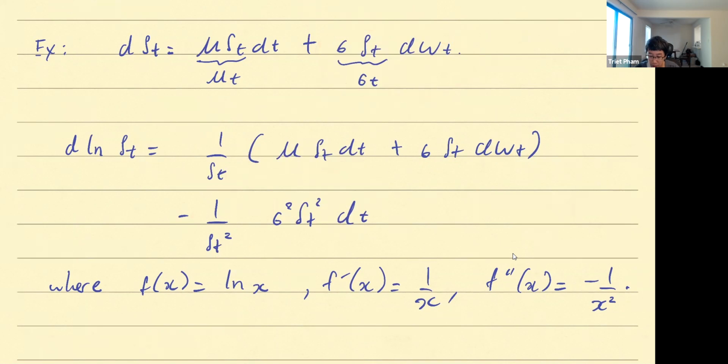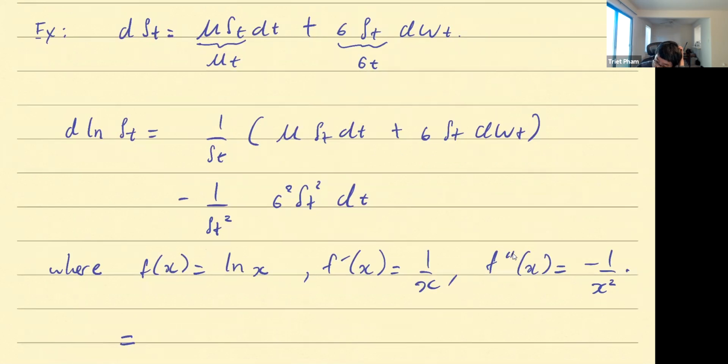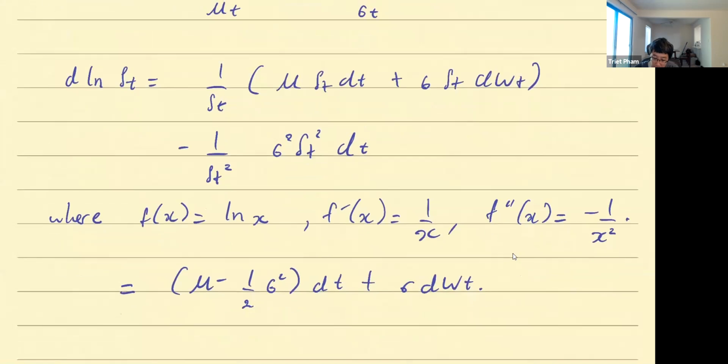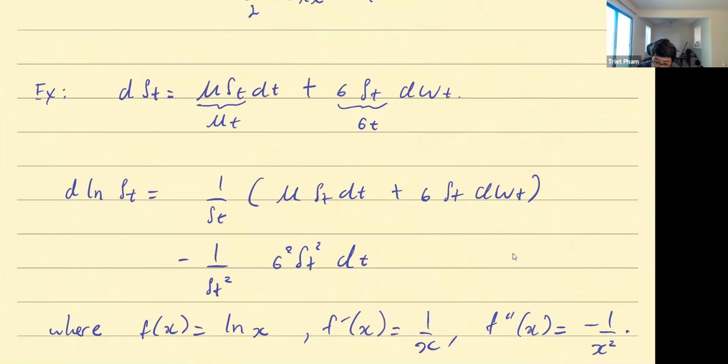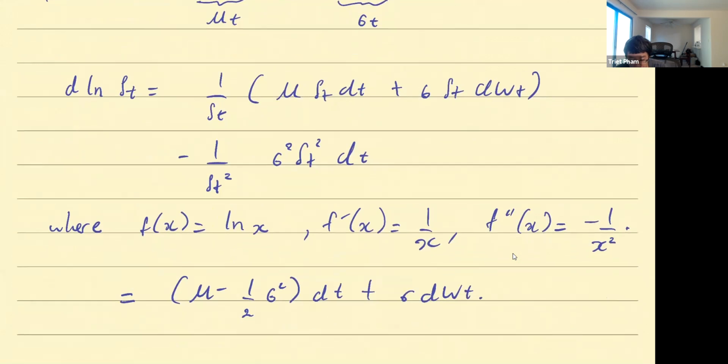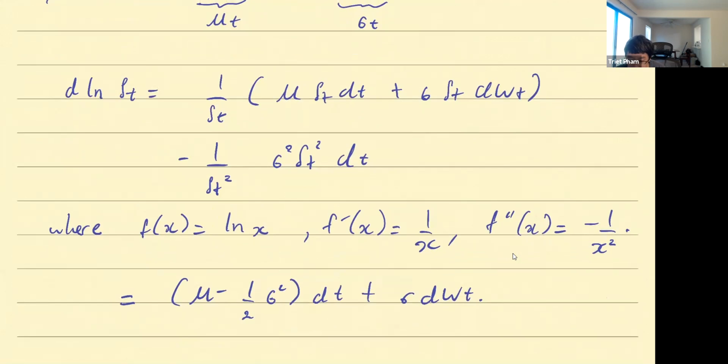And so now to clean up, notice that things cancel out nicely, giving us exactly what we want. So this is exactly 2 implies 3 in our above scheme. Any question?